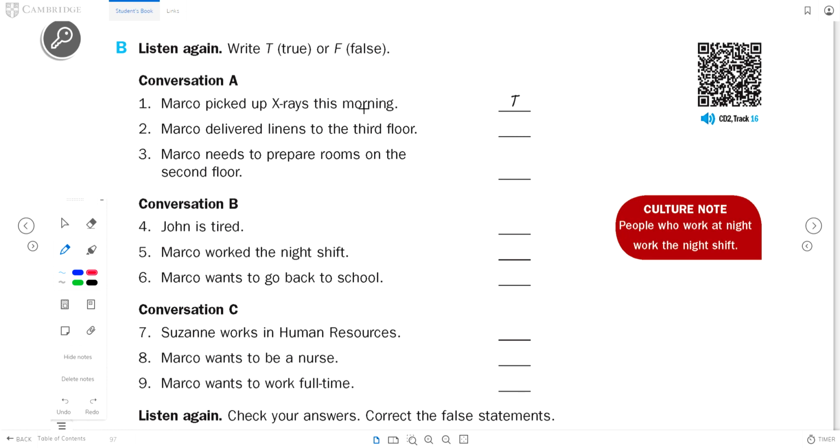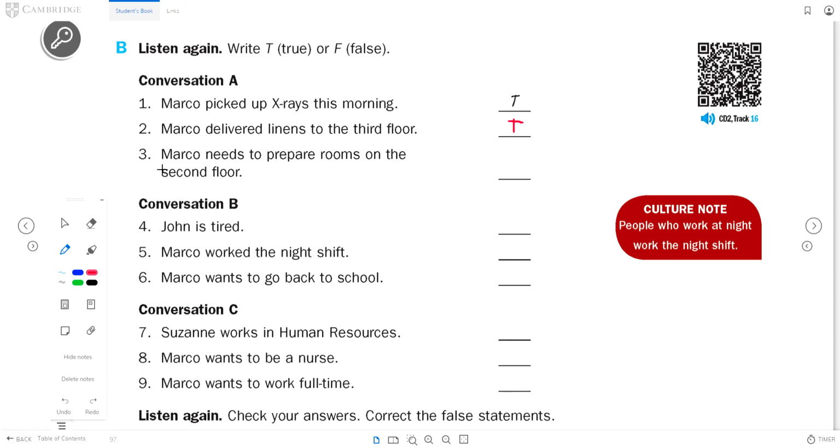Conversation A. Marco picked up x-rays this morning. True. Okay, you already have it here. So you got this one correct. Number 2. Marco delivered linens to the third floor. True or false? This one is true. Okay?